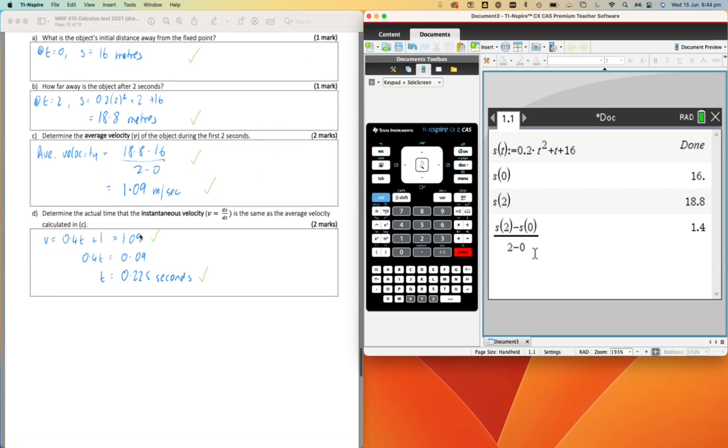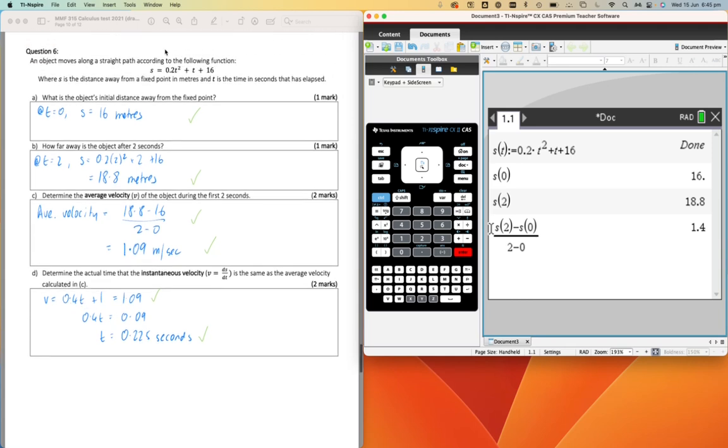Next one: determine the actual time that the instantaneous velocity is the same as the average velocity. I'm assuming that this is the stuff up here, unless I've stuffed up here, which I don't think I have. So I'm going to go with this being right and this being wrong, and use my 1.4 value here. It's worth 2 marks, so I've done a bit of a setup. I've worked out the velocity as being the derivative of this one here.